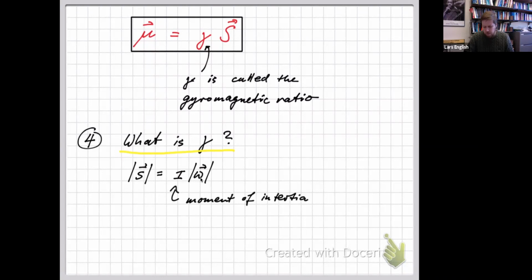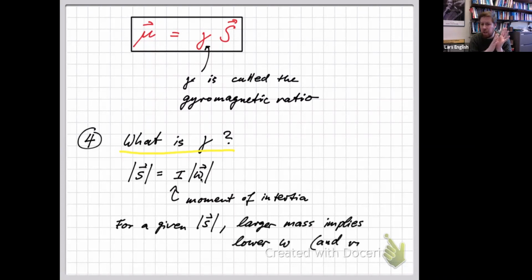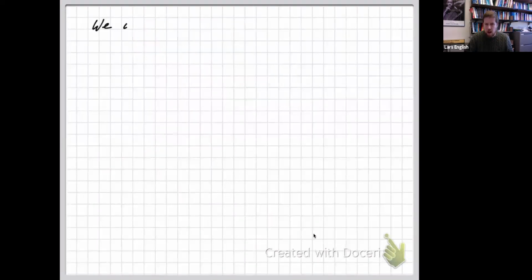For a given S, because S we know and is fixed, a larger mass implies a lower omega. Is that right? The larger the mass is, the larger the moment of inertia, m r squared for a point particle. But certainly I is proportional to m. So for a larger mass, we get a larger moment of inertia, and therefore we need a smaller omega in order to get the same S. And for a smaller mass, we would expect a larger omega. So vice versa. Hold that thought.